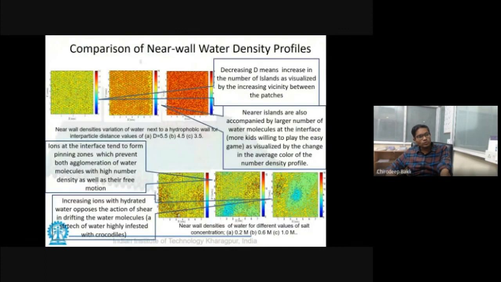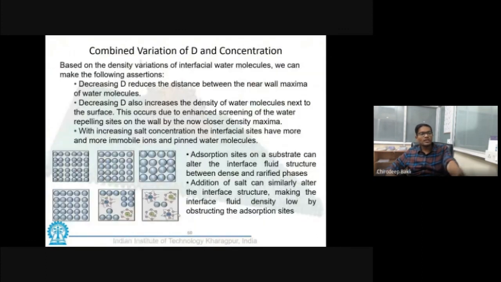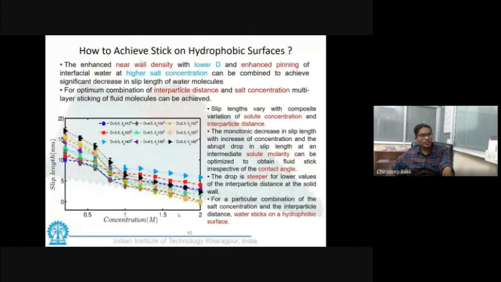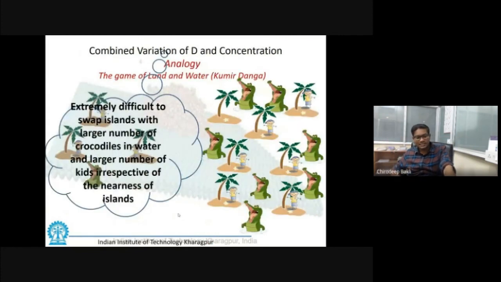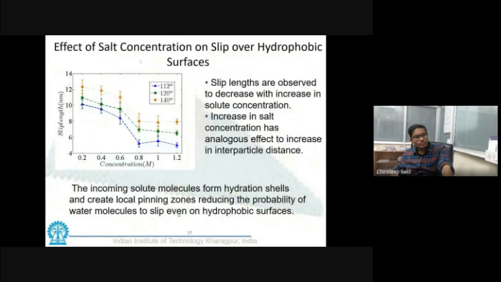And via a combination of wettability and surface parameters, we try to arrive at a point where even for a surface where the contact angle is very high, we have obtained a stick state. So what is it that we are basically trying to do? These graphs are not interesting, so rather this is interesting.